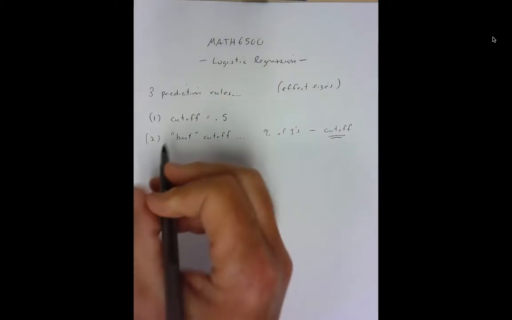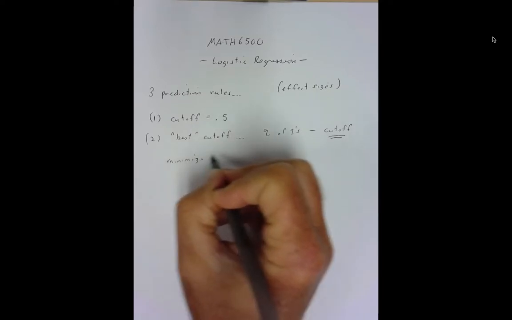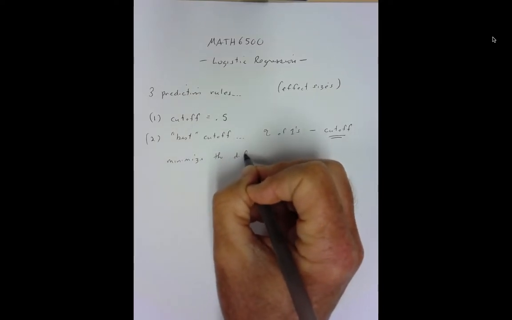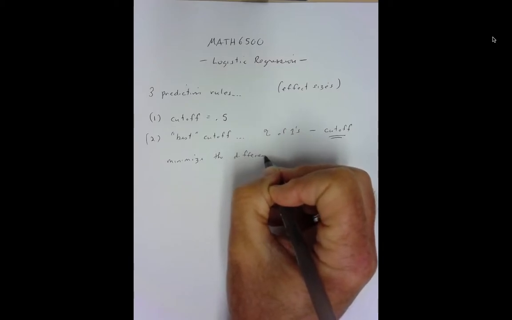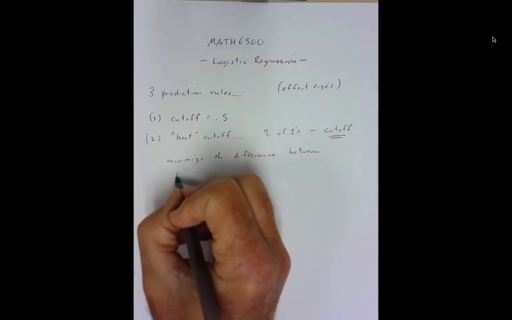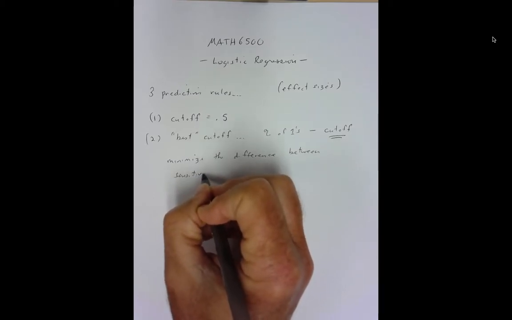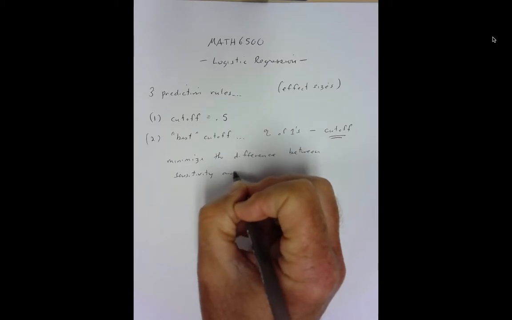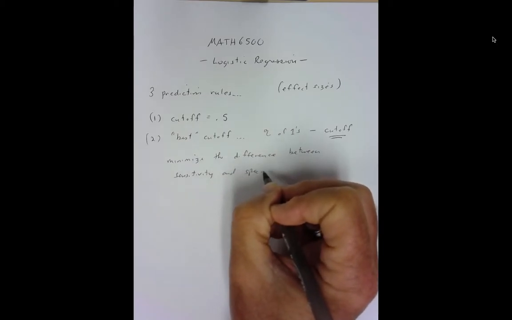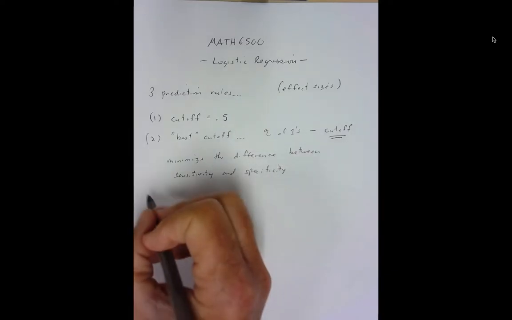Another best cutoff would be to minimize the difference between sensitivity and specificity. And we're going to talk about that more in just a second.